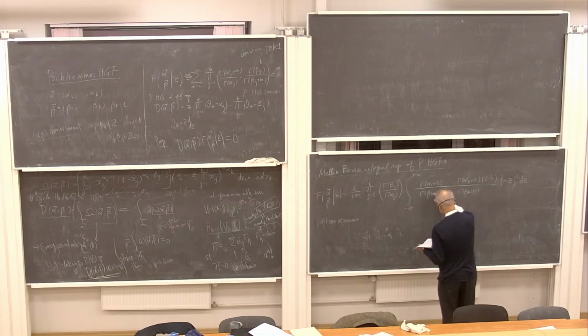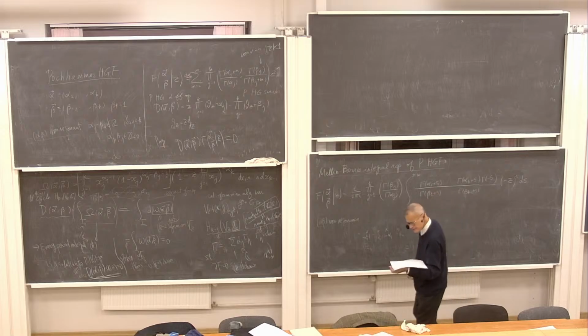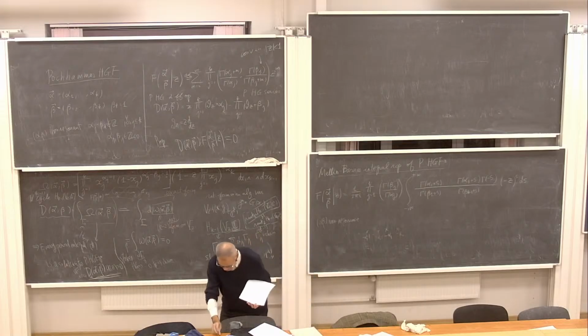And none of them, the difference between them, never coincides with an integer. That is to say, no poles.